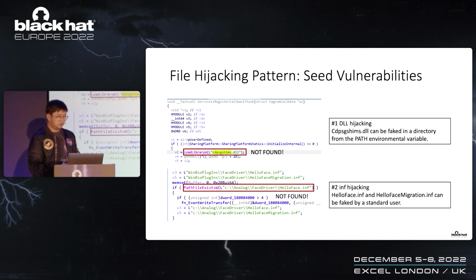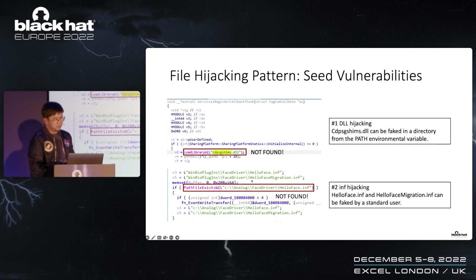You can see there are 2 seed vulnerabilities. The first is the classical DLL hijacking vulnerability. You can see the vulnerable function calls LoadLibrary to load a non-existing DLL. So if the attacker creates a fake DLL in a directory from the PATH environment variable, when the vulnerable function is called, the fake DLL will be loaded successfully.